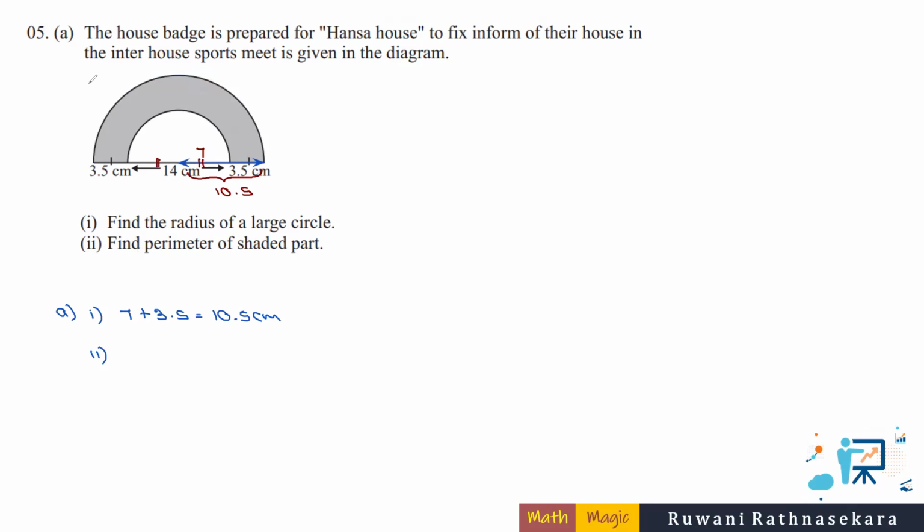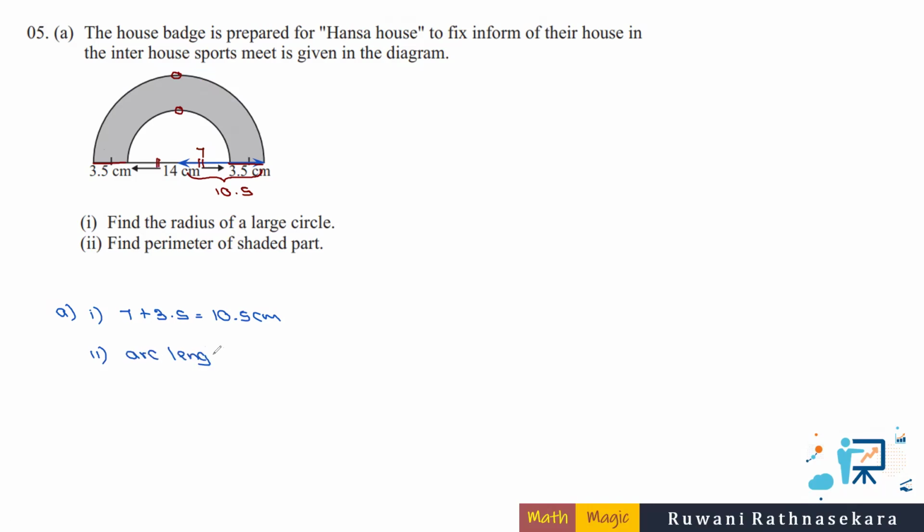Right, firstly we will see what the boundaries are. The arc length of the large semicircle, the arc length of the small semicircle, and the sum of 2 3.5s will make the perimeter of this diagram. Right? Therefore, firstly we will find the arc length, the length of this curve of the large semicircle.